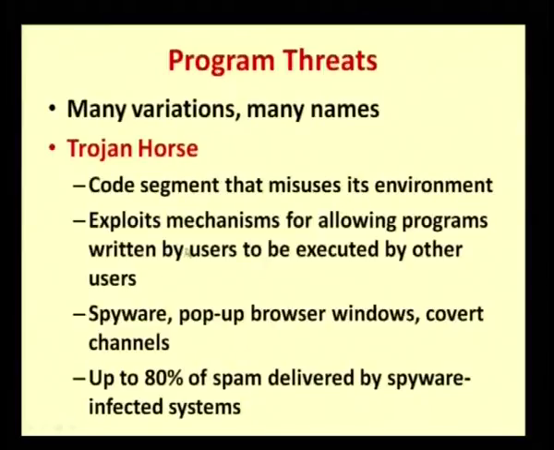It exploits mechanisms for allowing programs written by users to be executed by other users. It is spyware or a pop-up browser window which covers the channels. Up to 80% of spam is delivered by spyware or infected systems.